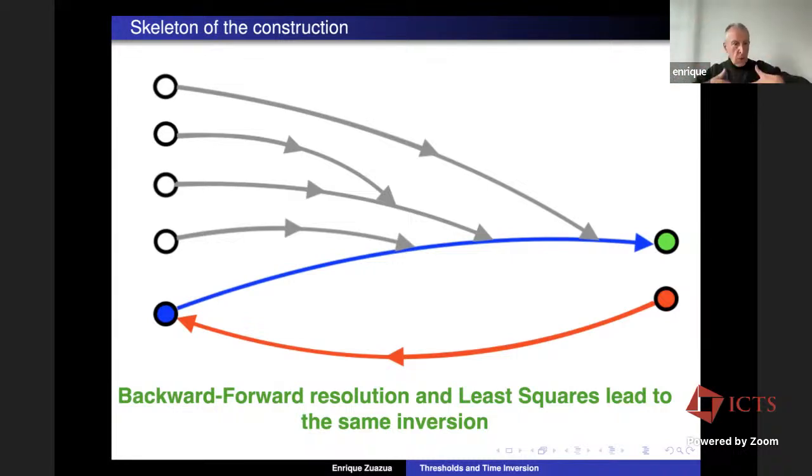Of course, doing backward and forward resolution is always a fantastic remedy. Regardless of how complex the problem is, this is what I would recommend. Take the most complicated system in fluid mechanics. My recommendation would be to do backward and then forward resolution and see what you get. And probably you will be like in this red plus blue arrow diagram.